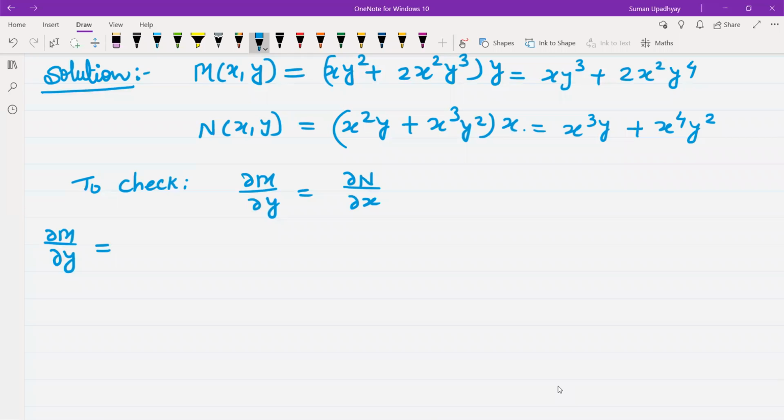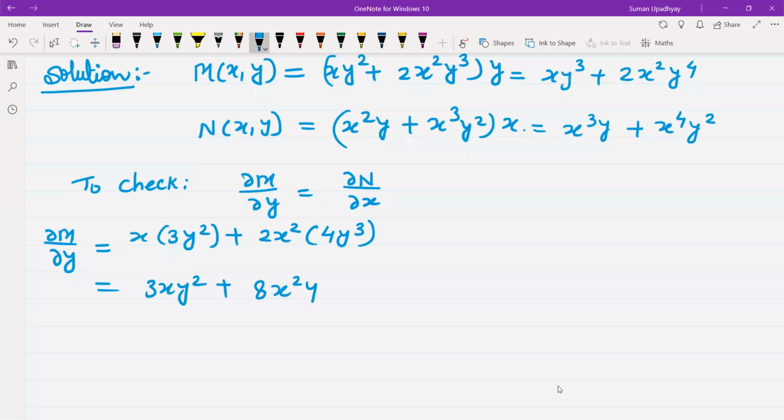What will be the derivative of xy³? Ma'am, we take x constant and differentiate y³, it will be 3y². So it is going to be 3xy² plus, in 2x²y⁴, 2x² is constant and the derivative of y⁴ is going to be 4y³. So this is what we got: 3xy² + 8x²y³.